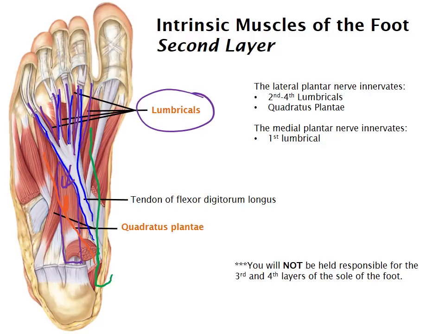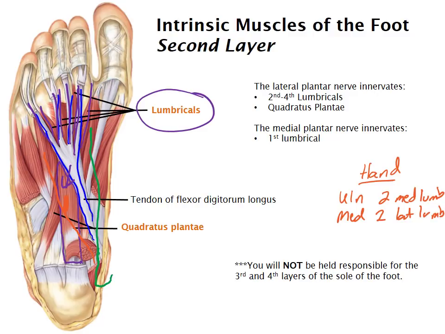You may recall that in the hand, the 4 lumbricals had split innervation, right? We had the ulnar nerve innervating the 2 medial lumbricals, and the median nerve the 2 lateral lumbricals.